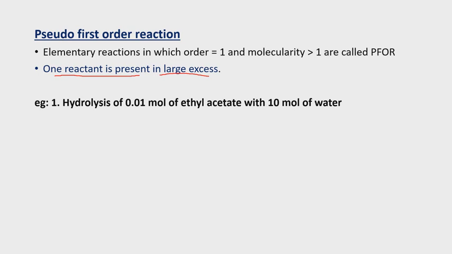Now see the example 1. Hydrolysis of 0.01 mole of ethyl acetate with 10 ml of water. So check the reaction, what will happen. CH3COOC2H5, ethyl acetate, when it reacts with water, we are getting acetic acid and ethanol.